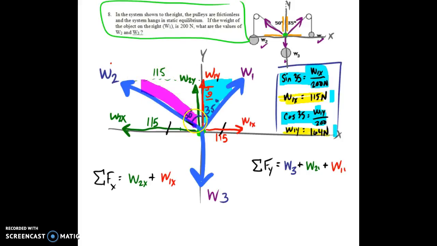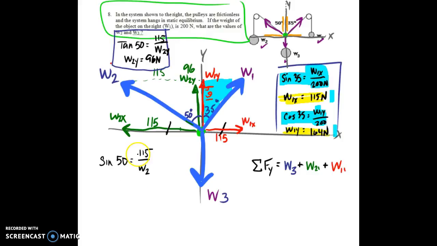With an angle and a side of this triangle, I'll now calculate the y component for W2 and then W2 itself. The tangent of 50 is 115 divided by W2y, so that means W2y is 96 newtons. Now I'll use the 50-degree angle and this 115 newton side to calculate W2.